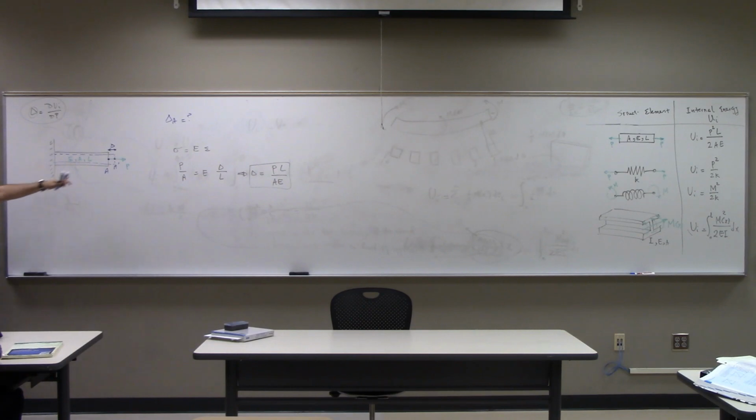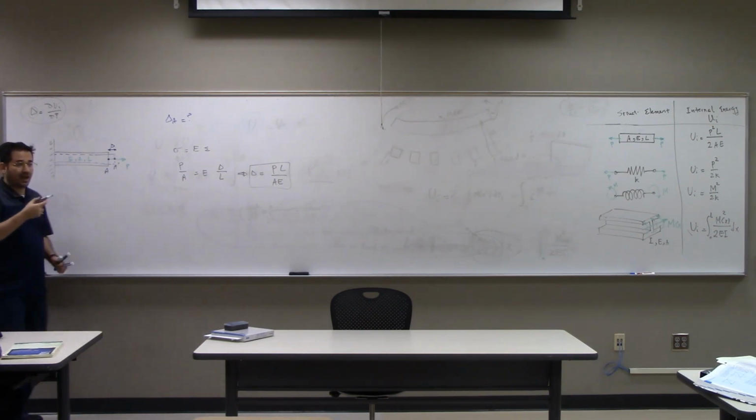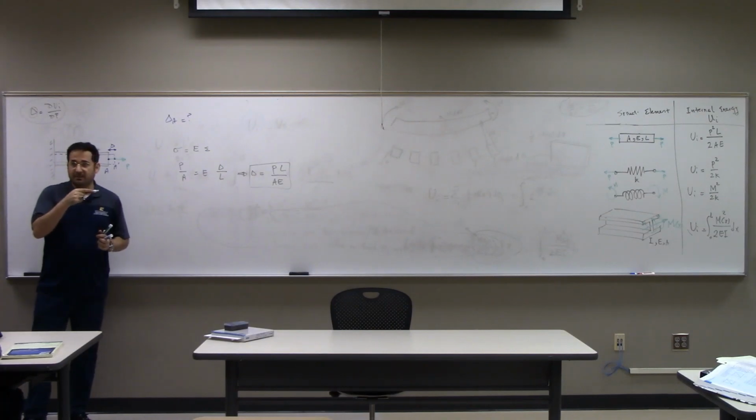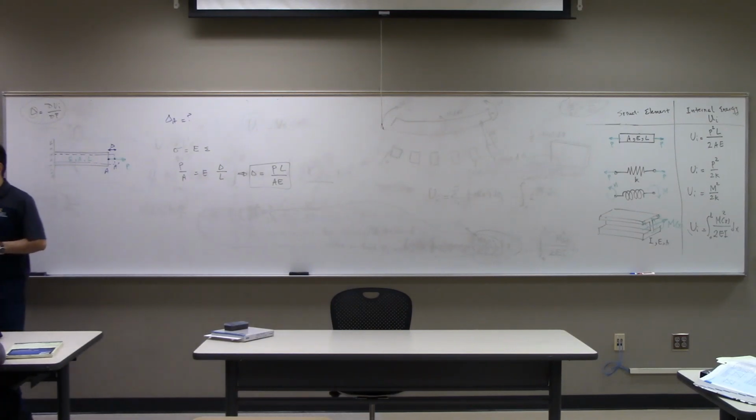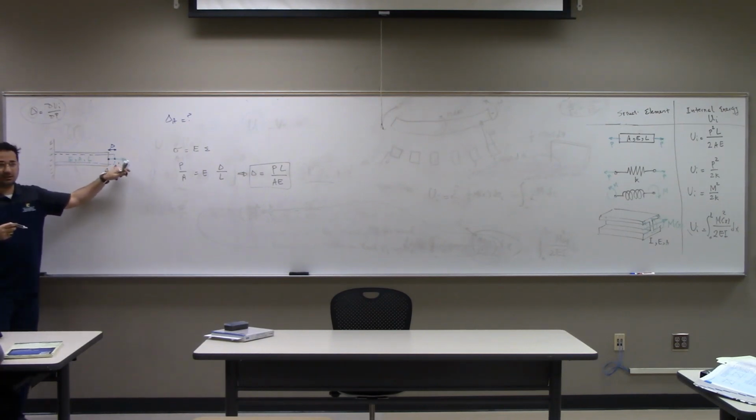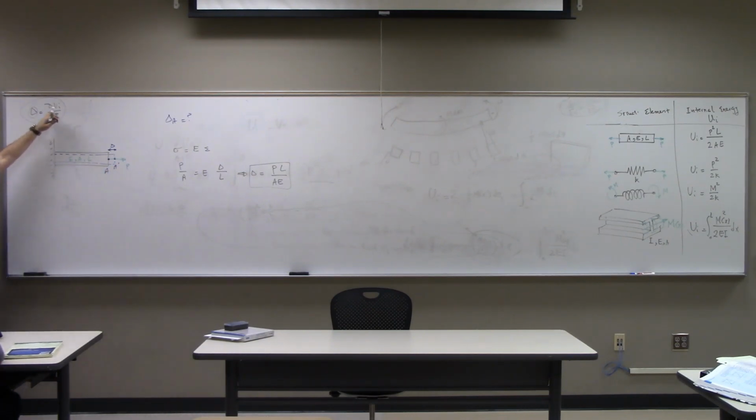If there is a force, just use it. If there is nothing there, you just add a force P, the parameter, not a value like 2K. Just the actual parameter force P. And then the next step is to find internal energy. The final step is to take the derivative and find deflection.